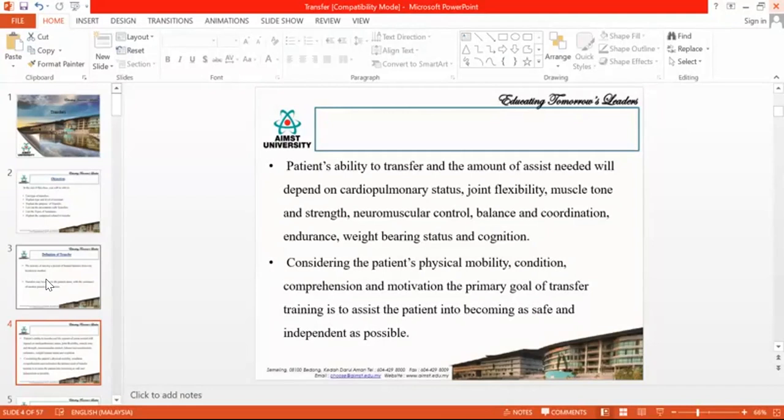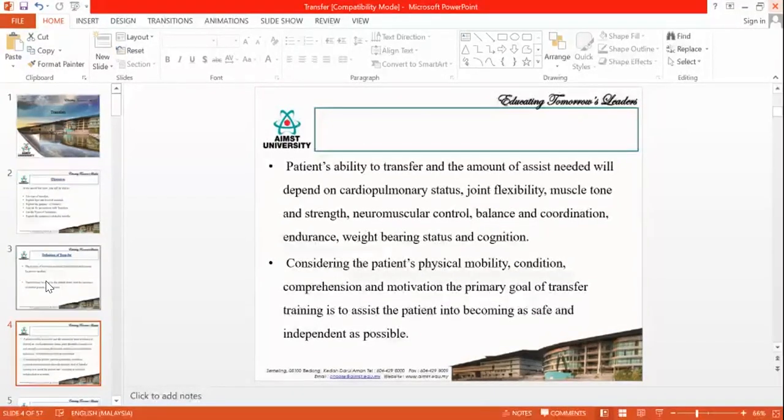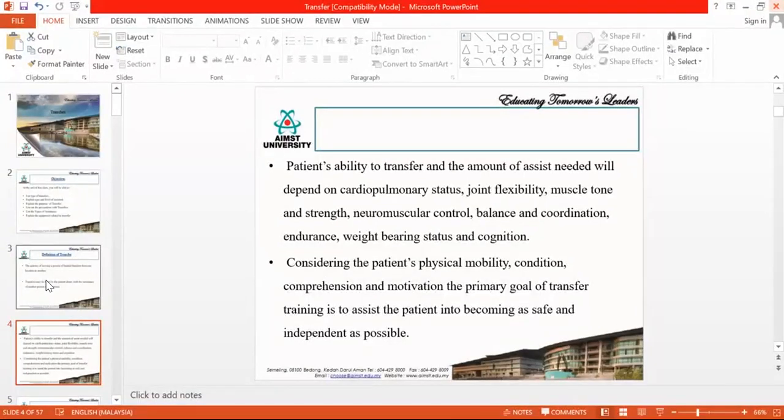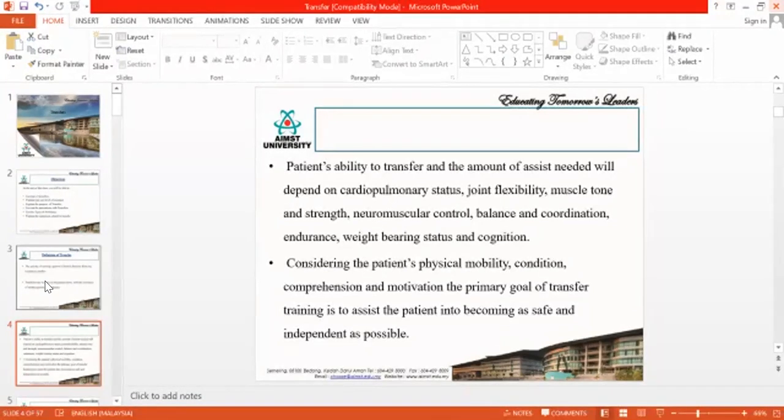The internal one means cardiac: whether the person is stable in the heart, whether the person has good joint stability, range of motion, and good muscle strength and muscle tone. Okay, all these come under ability.